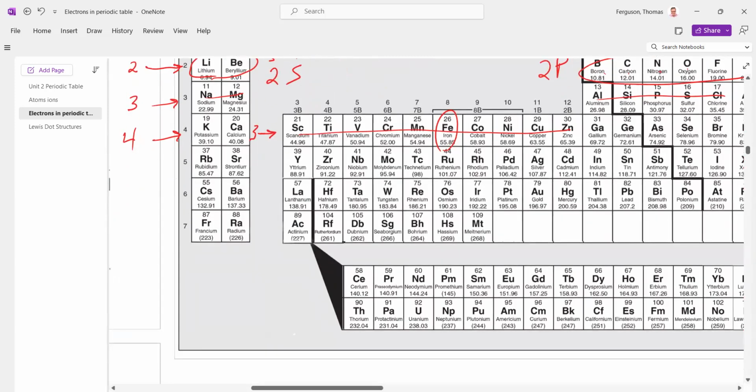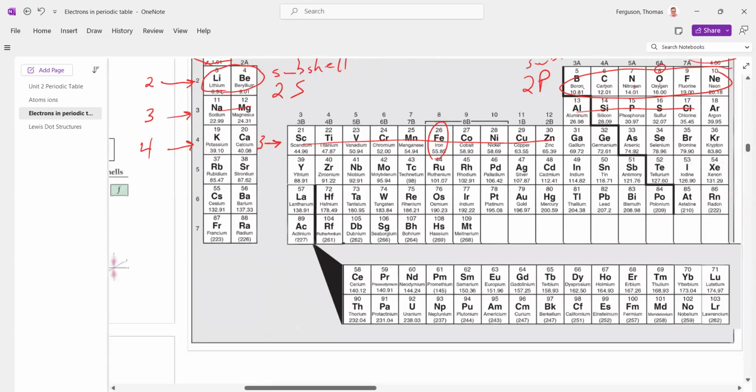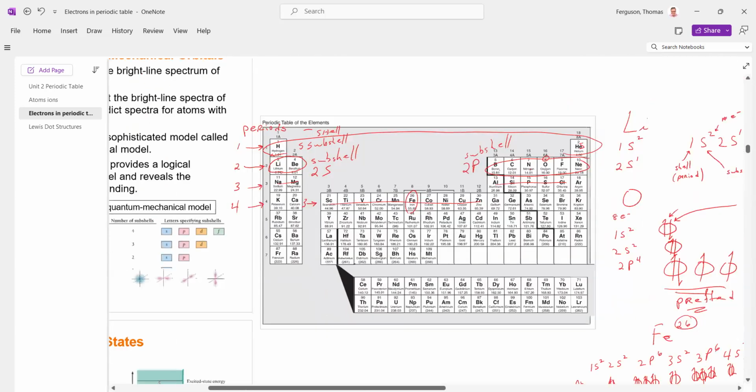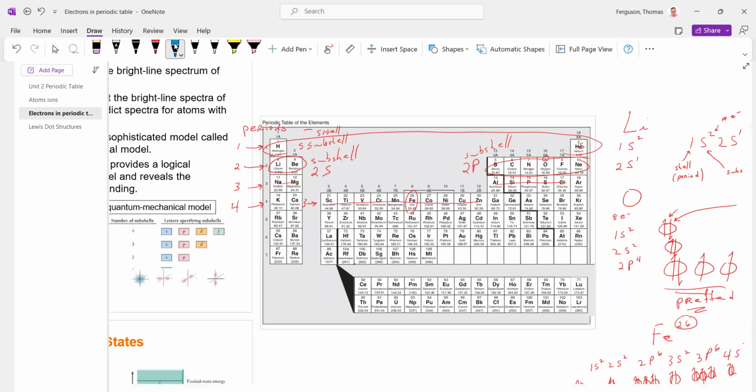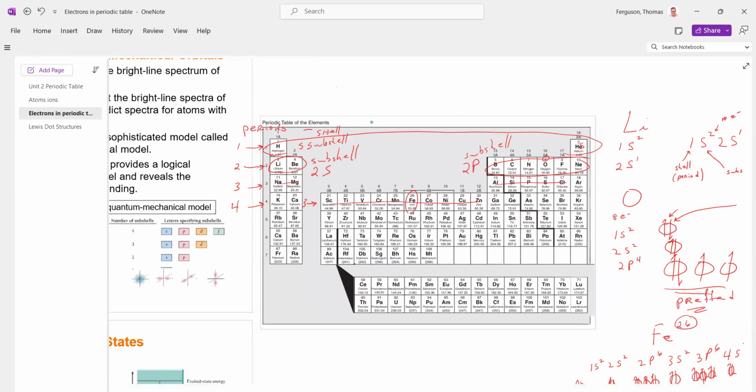So as far as blocks of electrons go, let's do a different color here. So those elements contain on their outermost subshell s electrons. So s electrons, s electrons, s electrons, s electrons.